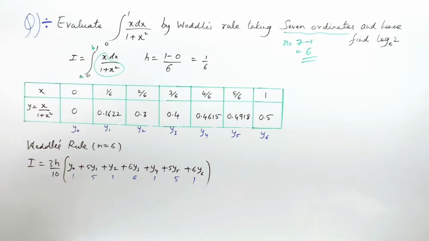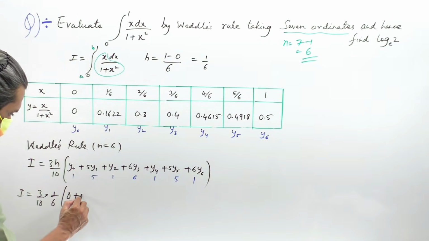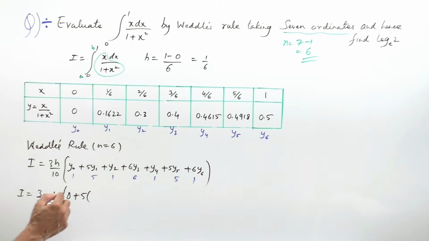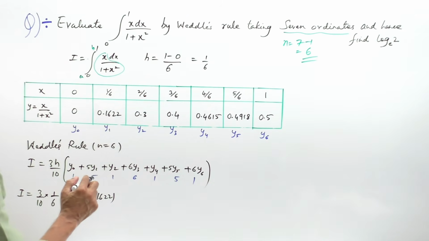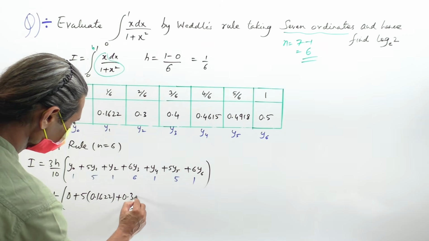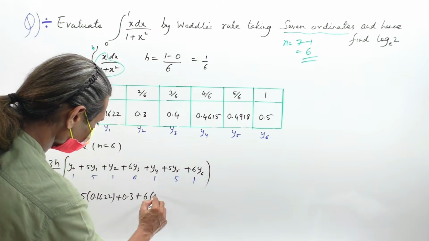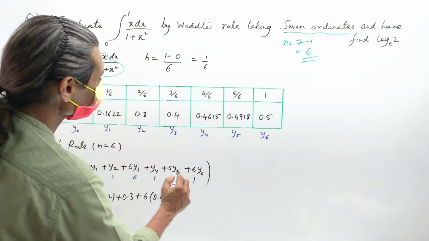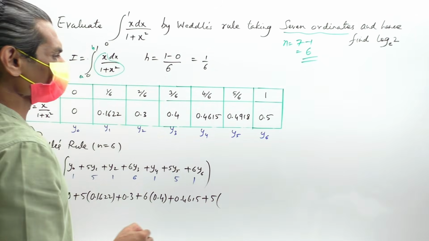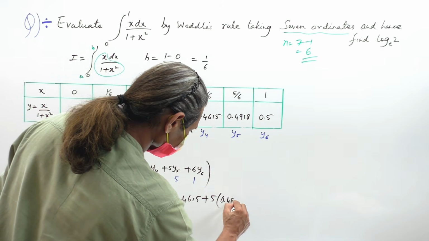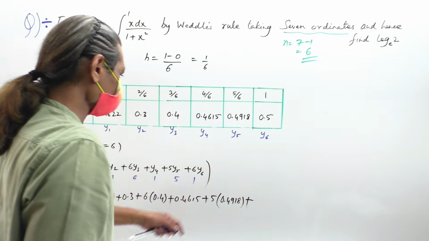What is h here? 1/6. So I equals 3/10 into 1/6 into, what's y0? 0, plus 5 into y1, which is 0.1622, then plus y2, which is 0.3, plus 6 into y3, which is 0.4, plus y4, that is 0.4615, plus 5 times y5, which is 0.4918, and lastly we have y6.